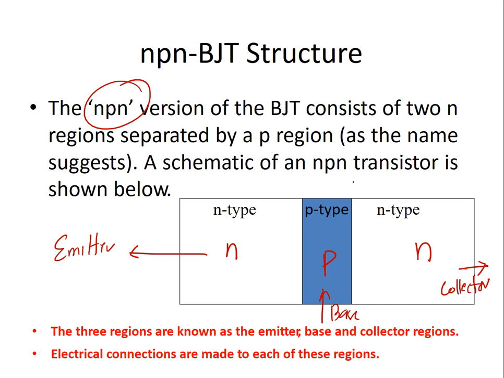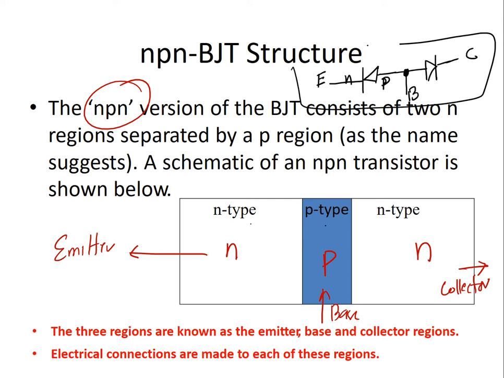If we try to draw the diode form, what will it look like? Let me draw it here for the NPN. This is P, this is N, so we have the diode triangle here. And for this one, this is P and this is N. So P is common between them. This is my base, this is my emitter, and this is my collector.